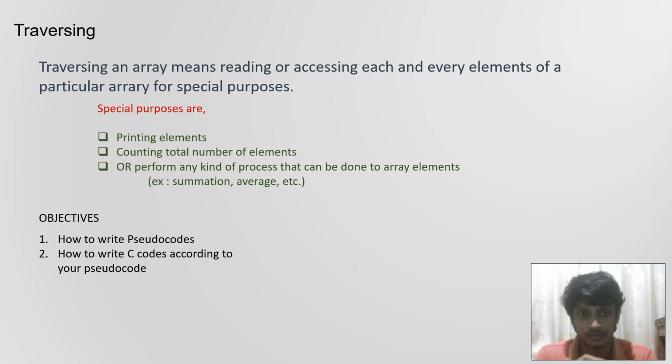So the objectives. The first objective is how to write pseudocodes, and the second objective is how to write C codes according to your corresponding pseudocode. Make sure you know both, and pseudocode is essential because pseudocode is basically how your program should be followed.